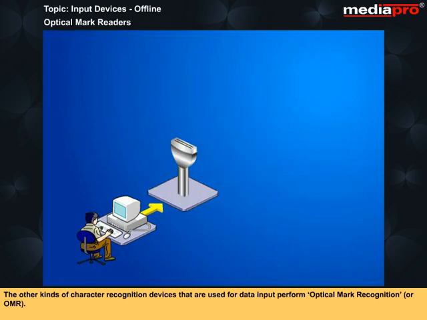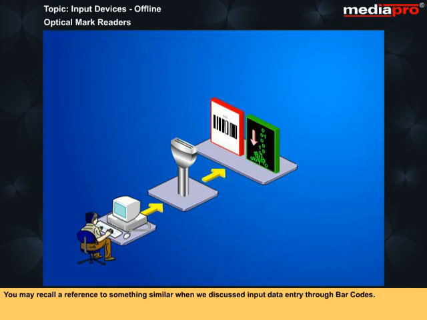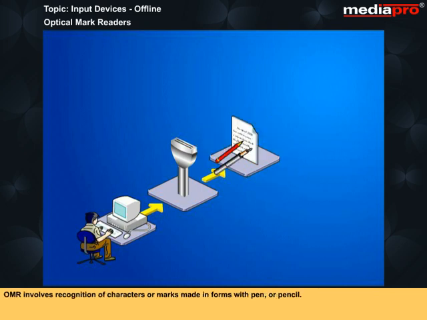The other kinds of character recognition devices that are used for data input perform optical mark recognition, or OMR. You may recall a reference to something similar when we discussed input data entry through barcodes. OMR involves recognition of characters or marks made in forms with pen or pencil.